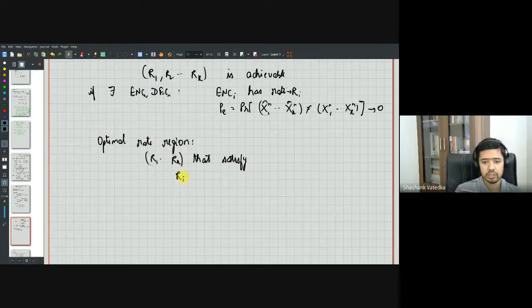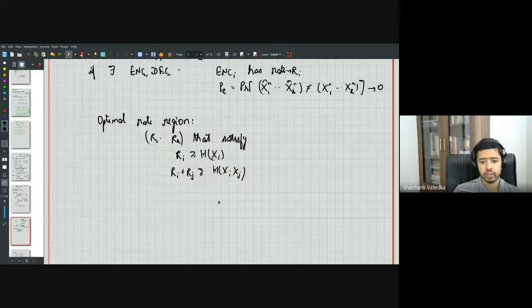So each Ri should be greater than or equal to H(Xi). Ri plus Rj should be greater than or equal to H(Xi, Xj), and so on. Sorry, so each Ri should be greater than or equal to H of Xi given X1 through Xi-1, Xi+1 through Xk.